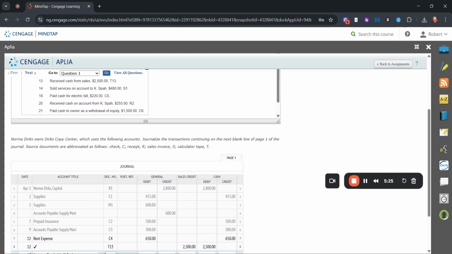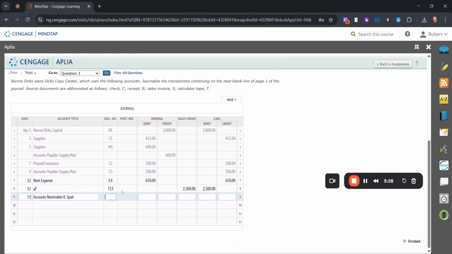It was sales invoice 1, so S1. Now the accounts receivable, that's also an asset.